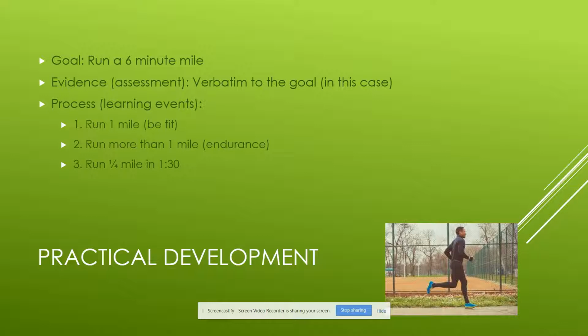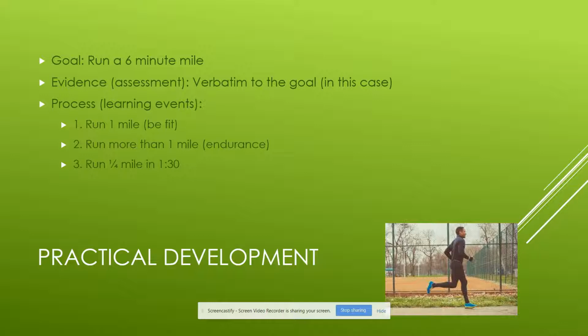Well, we would start by running a mile to be sure that our bodies could endure that amount of exertion. And then after we are sure that we are fit enough to run 1 mile without stopping, we would make sure our bodies could endure more than a mile. That is how we build our endurance, by running longer than we actually intend to in our ultimate race, our goal.